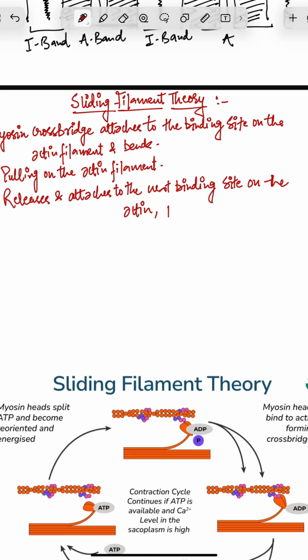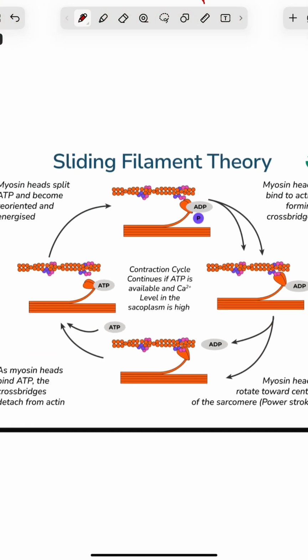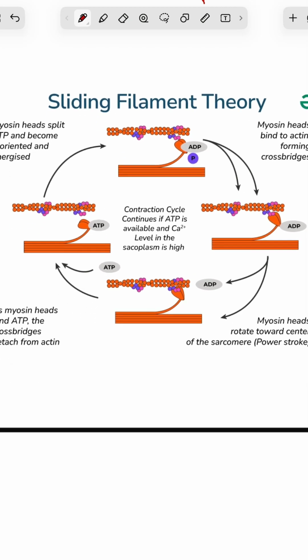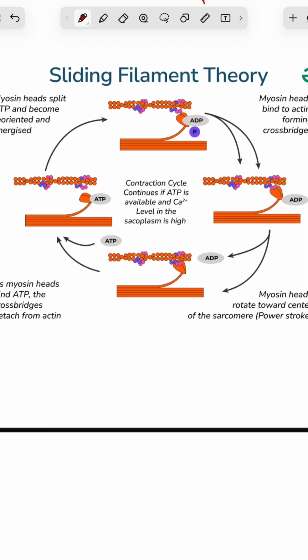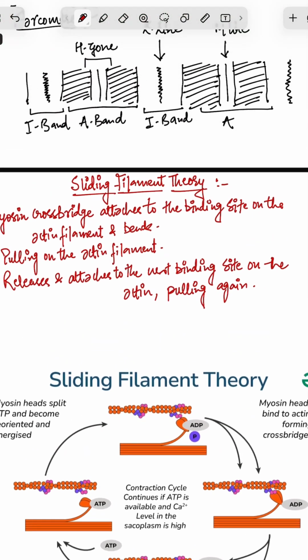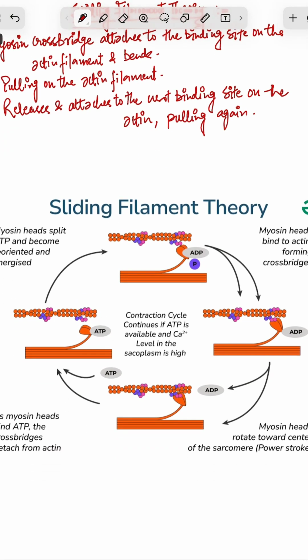The myosin head attaches to actin, forming the cross bridges. Now with the help of ATP, myosin heads pull actin filaments inward. As actin slides over myosin, the sarcomere shortens, and this whole phenomenon results in muscle contraction.